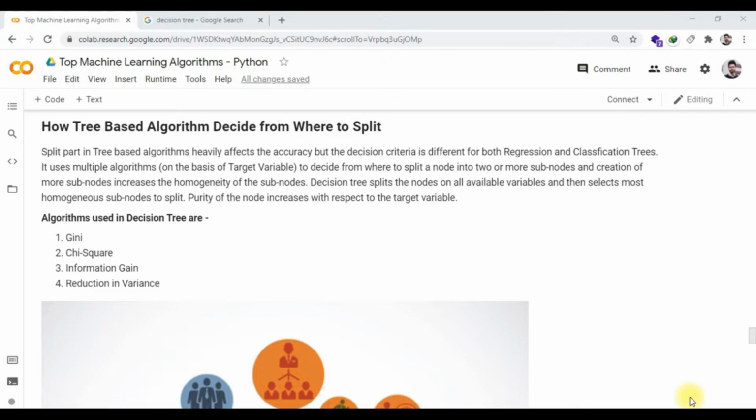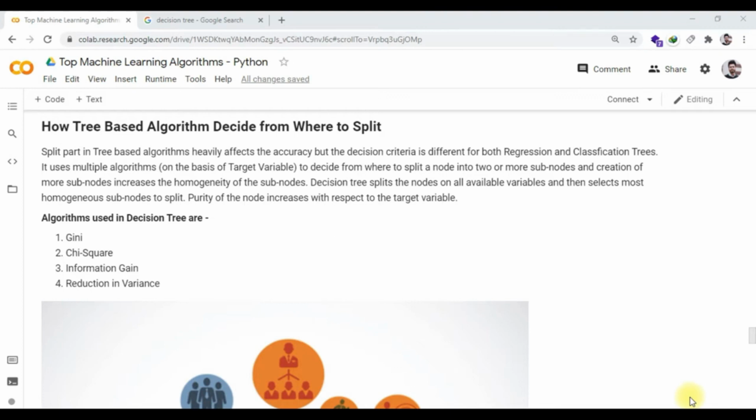The decision tree splits the nodes on all available variables and then selects the most homogeneous subnode split, the most similar subnodes. The purity of the nodes increases with respect to the target variable.